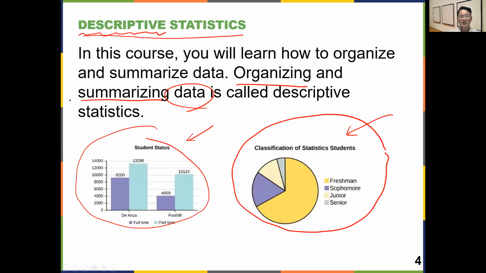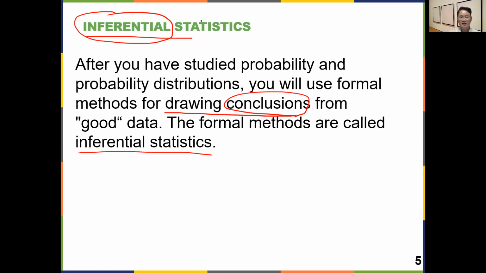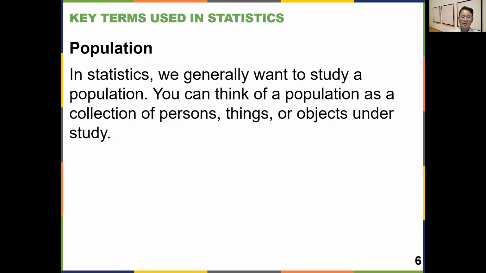So if you go back to descriptive statistic, you just describe what's out there. And inferential statistic, you make decision based on your analysis. So in this course, we are going to talk about descriptive statistic as well as inferential statistic, right?